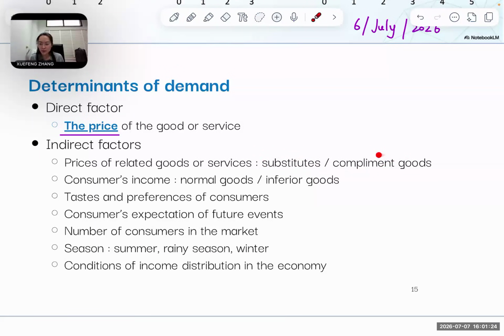But if bread and butter are complements and bread gets pricier, butter demand may fall. Okay, let me write it down. So for substitutes, we have coffee and tea. But for complements, think about bread and butter.